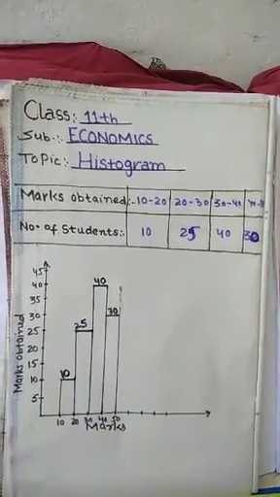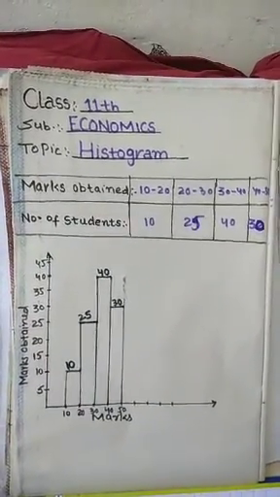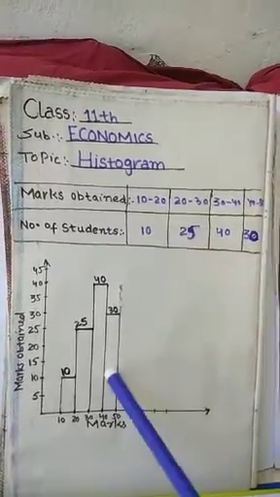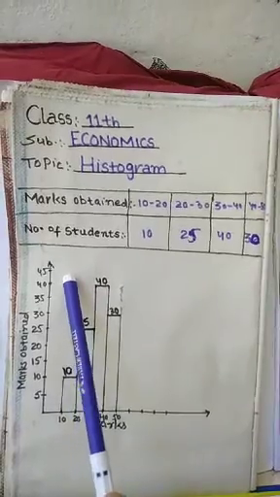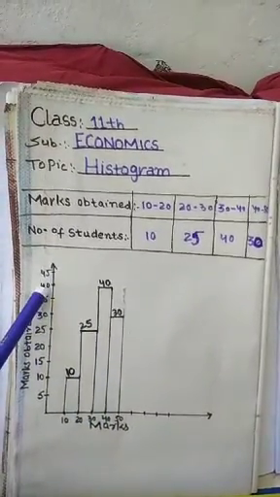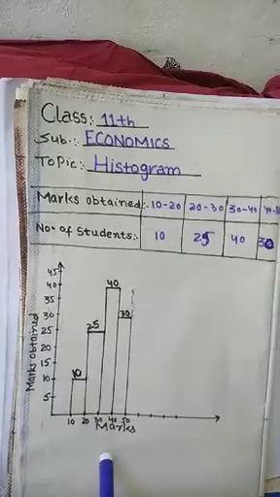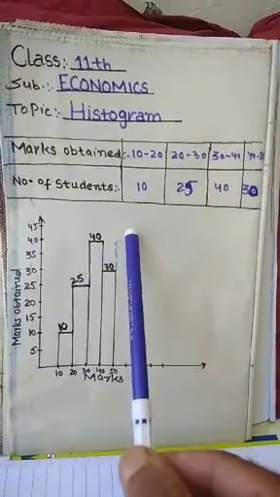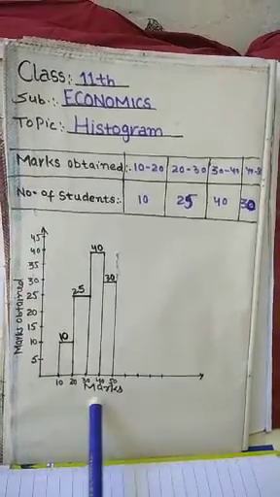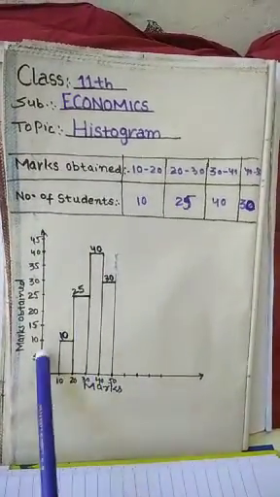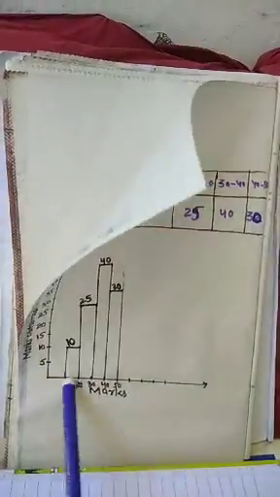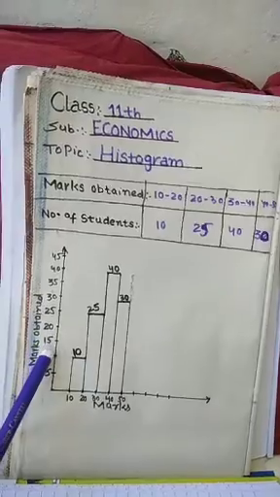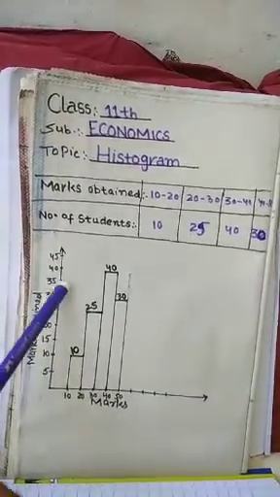Now, let me explain how we can represent this data over the graph with the help of histogram. As I have already explained what is histogram. Dear students, while constructing this histogram, we take these class intervals on this axis, that is x-axis, and marks obtained by students on this axis, that is y-axis.